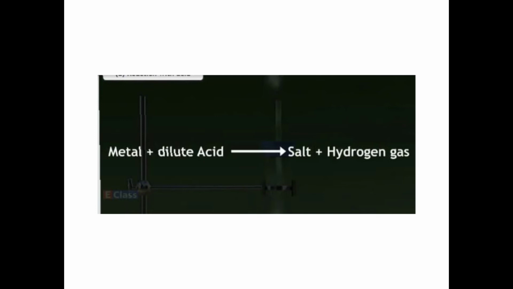The magnesium metal requires steam to give a similar reaction. Normally metals do not react. Some metals react, they are highly reactive. Sodium, children, is a highly reactive metal. So only sodium and potassium react with cold water.